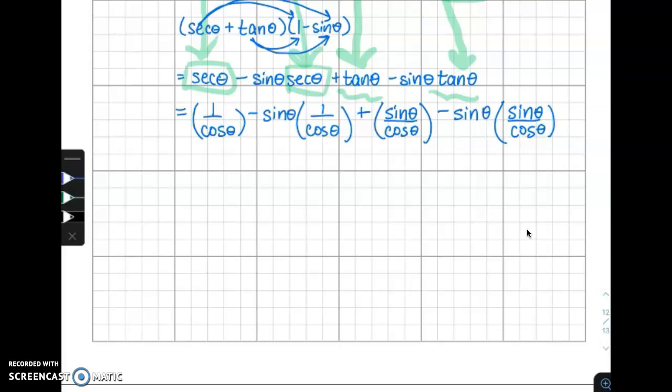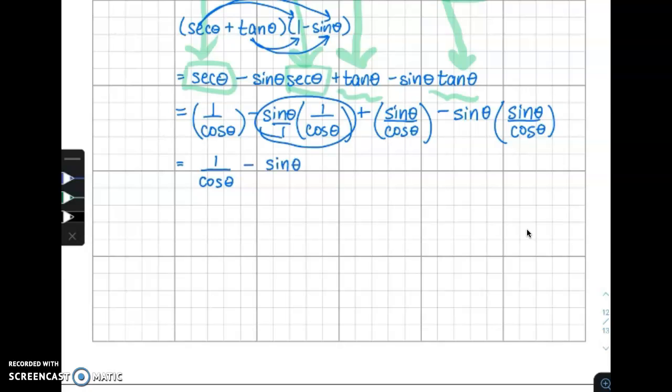Now we're going to do some algebra stuff. I'm going to combine fractions together. So I'm just going to rewrite this so it looks better. 1 over cosine minus, I'm going to combine these. When you multiply fractions, you just multiply top and bottom. Sine has an invisible 1 on the bottom.